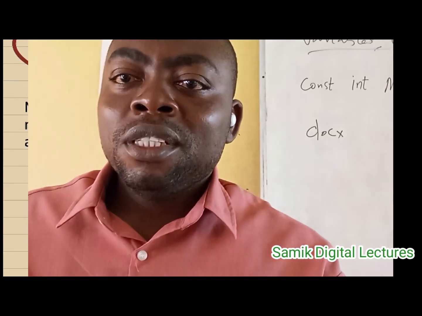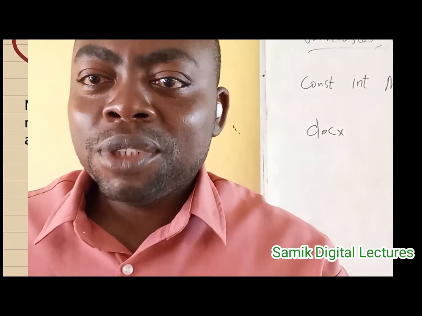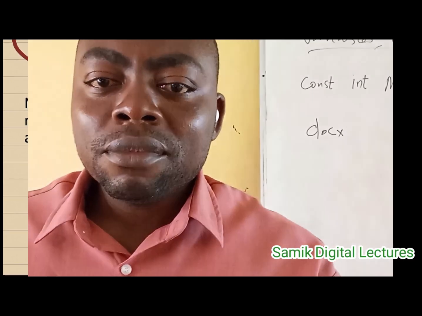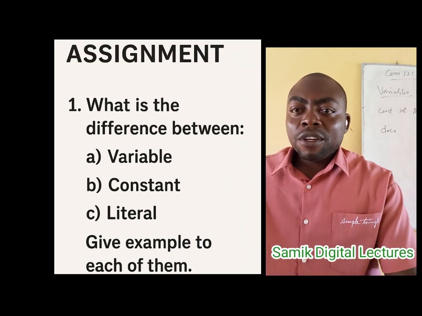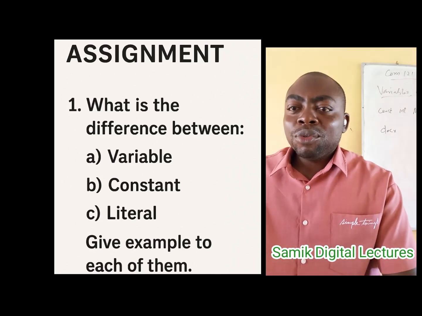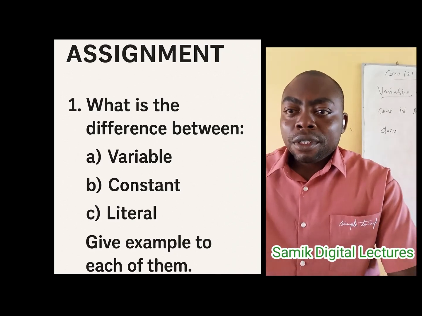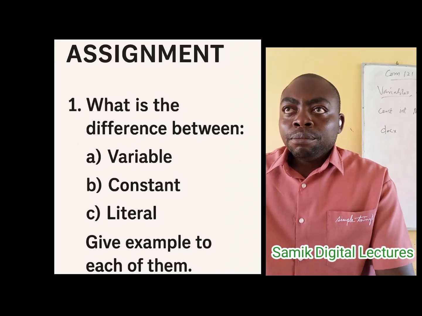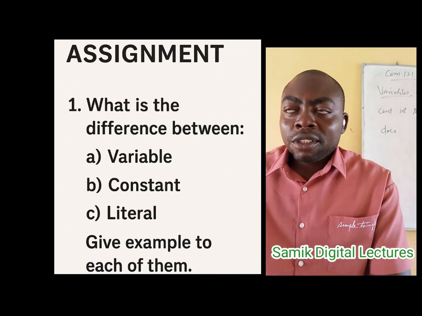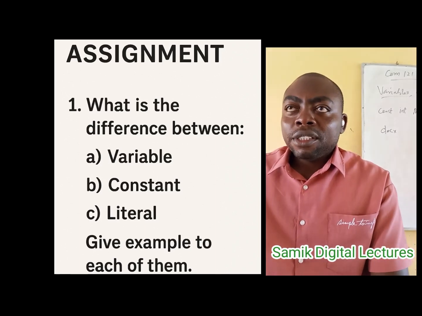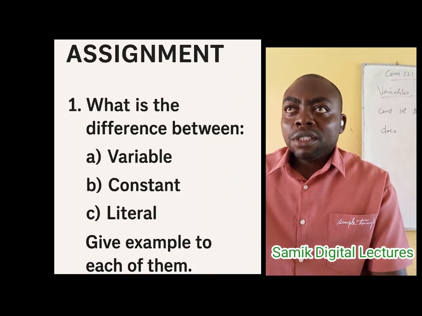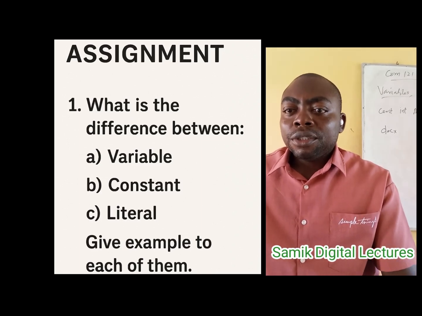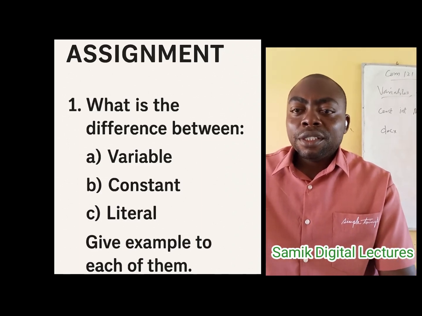Exactly. Now we have an assignment here for you. You can put down this assignment. Answer the following. Number 1, what are the differences between A, a variable, B, a constant, C, a literal? Give one example each. That's number 1. The differences between a variable, a constant, and a literal.